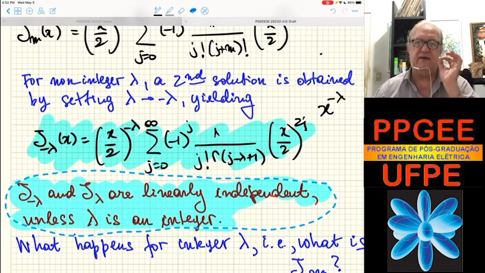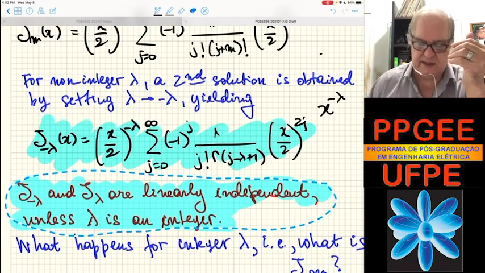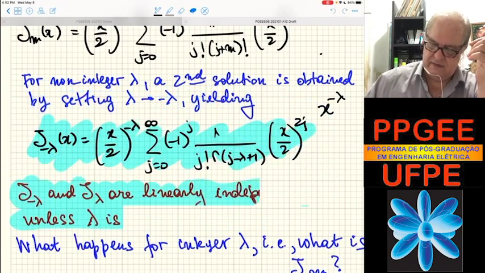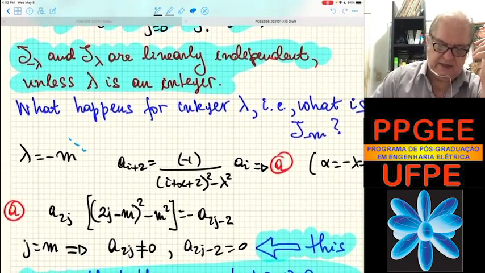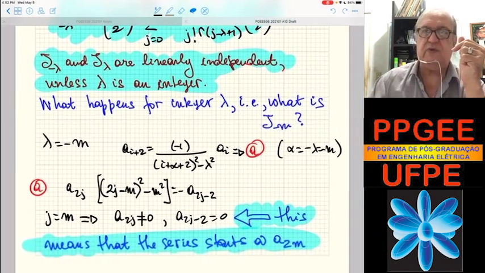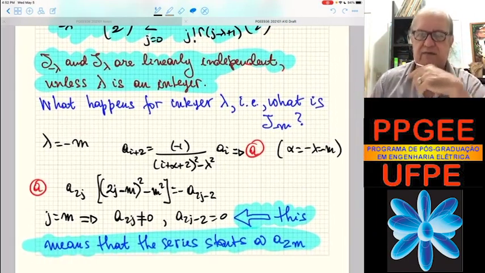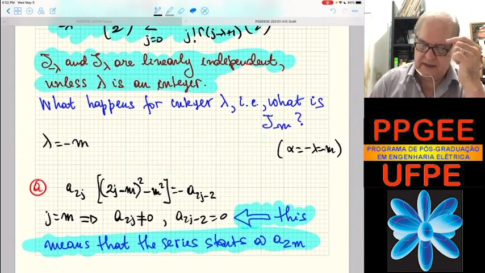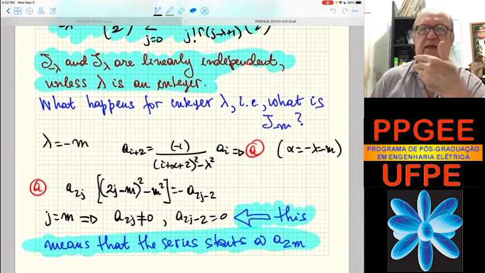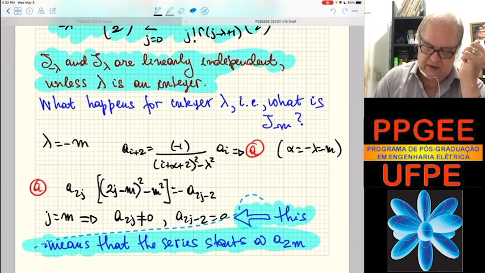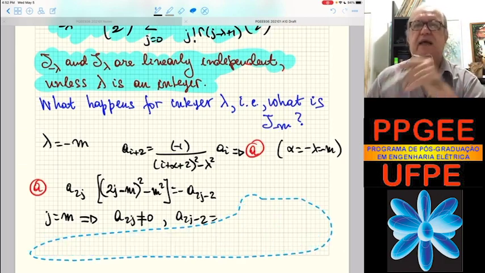If you change the sign for an integer, lambda equals m, you're going to end up with a solution which is a copy of the original solution, okay? Because at some point the coefficients are 0. You can work that out.